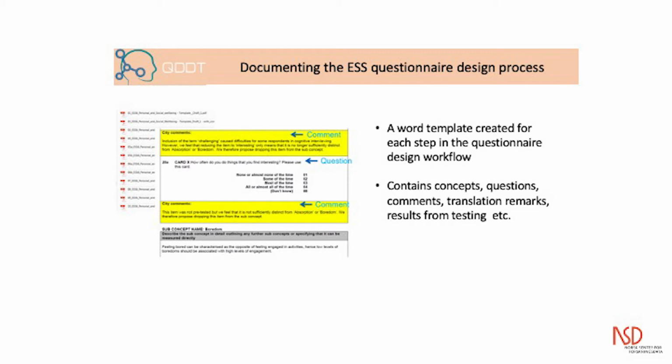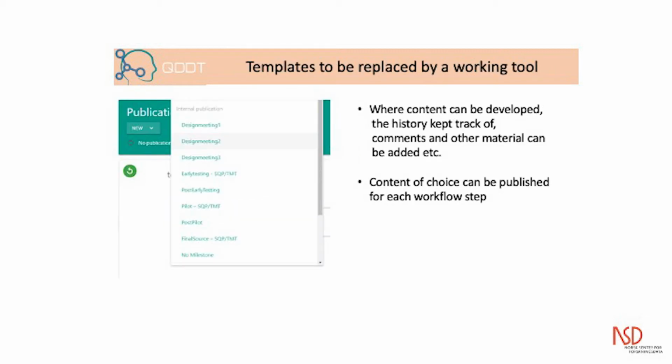Very difficult to keep track of everything. But with a tool like the QDDT or similar, it would be possible to develop content and to select for which purpose you want to publish, and then see and concentrate just on the thing that you want to discuss or export.